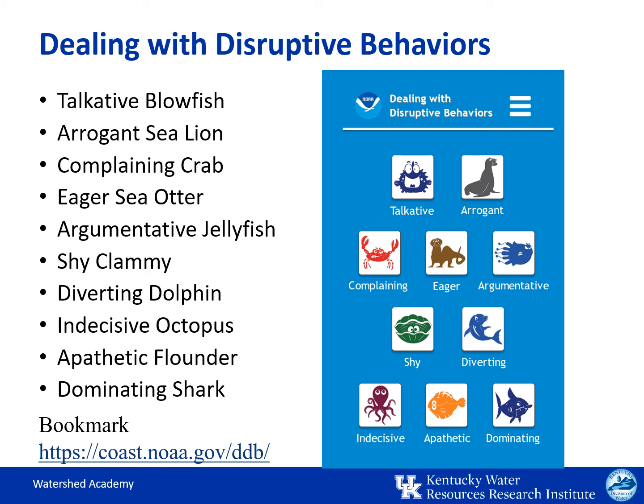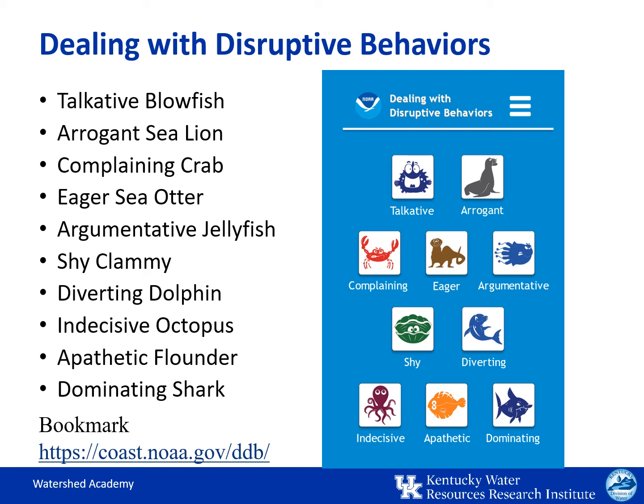If you start noticing some disruptive behaviors in your meeting, you might discreetly pull up this bookmark site on your phone and find a quick guide to how to deal with disruptive behaviors. The NOAA, that's the National Oceanic and Atmospheric Administration, has created this helpful and hilarious app that uses sea creatures to categorize different behaviors.